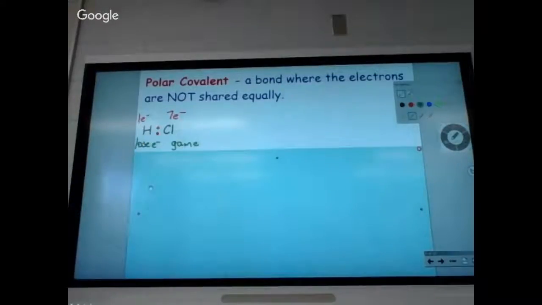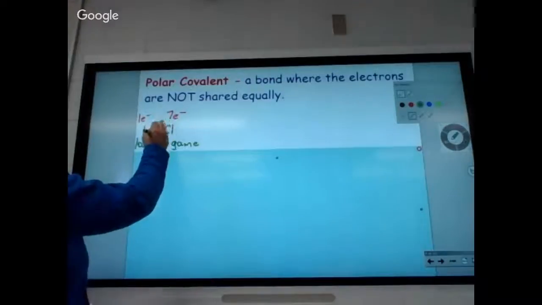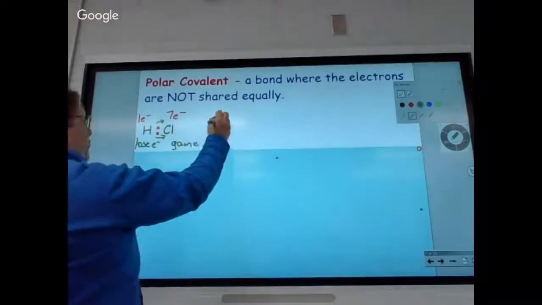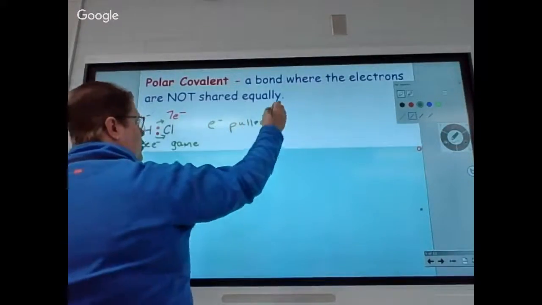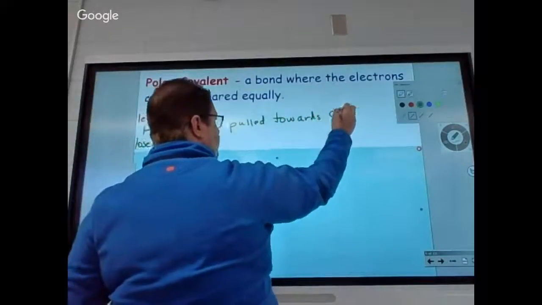No. So these electrons are being pulled towards chlorine.